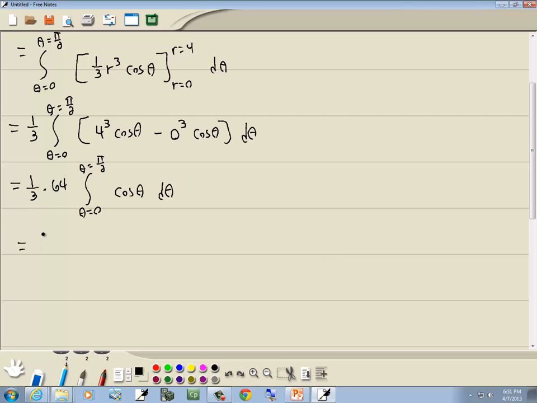Which gives us 64 thirds. The integral of cosine is sine. And that'll go from theta is equal to 0 to theta is equal to pi over 2.